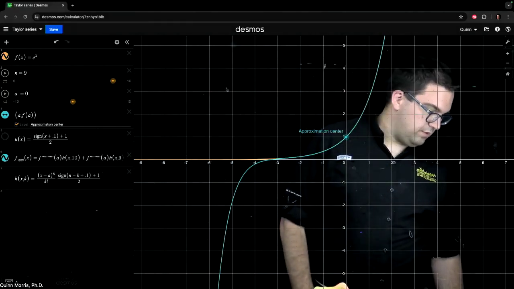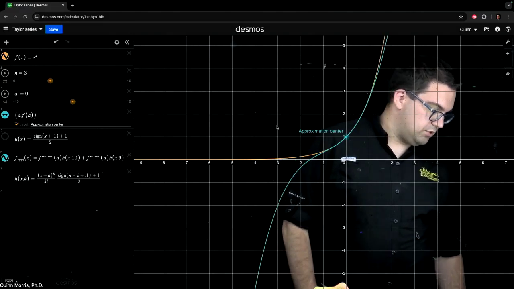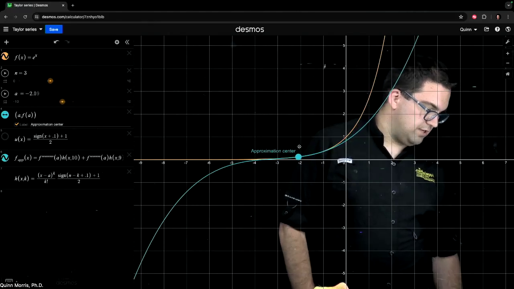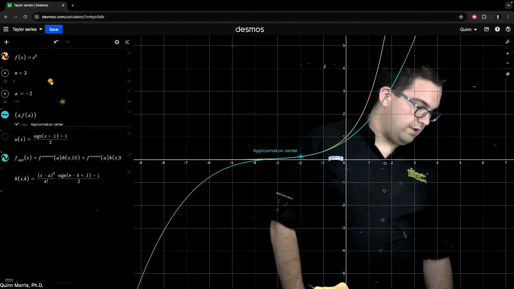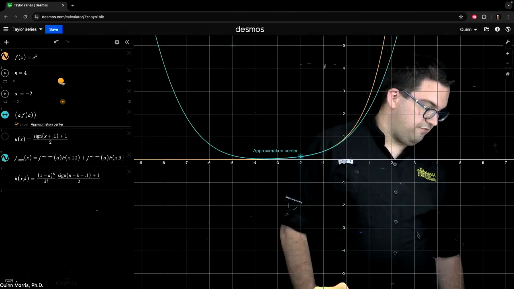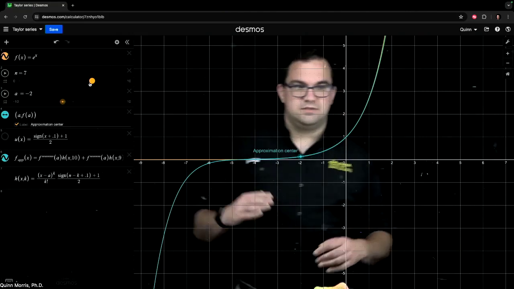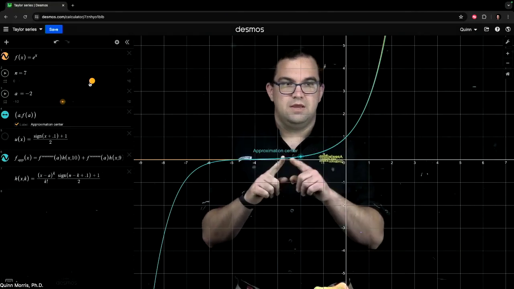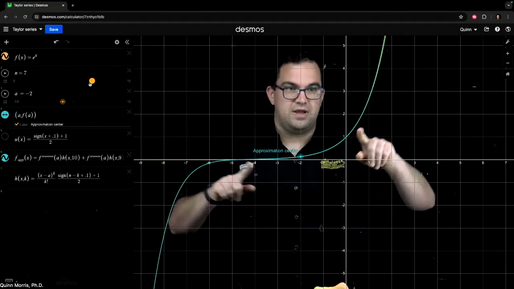Now, I'll also briefly mention, we've been doing this at 0, but you could also move this approximation point around. So you could do an approximation at, say, -2. If you center your approximation at -2, it's going to look a little bit different, because now it's designed to be a really good approximation at -2 that carries on around -2 and spreads out from there.